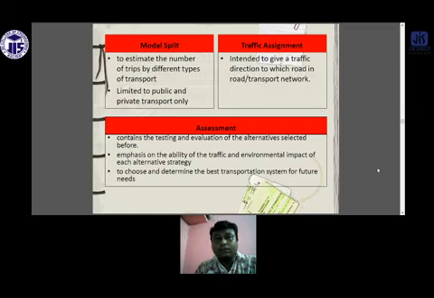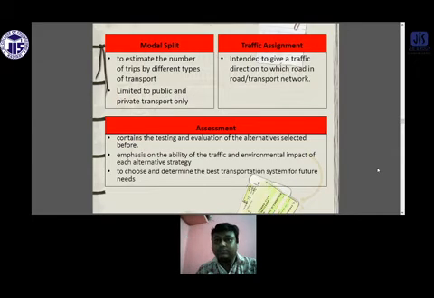Next is modal split, or mode selection. Suppose the trip is generated and we are ready to distribute it, but which mode am I going to select? Whether I will use some shared mode to reach my destination, or I will take my own private vehicle, which may be a two-wheeler or a four-wheeler.